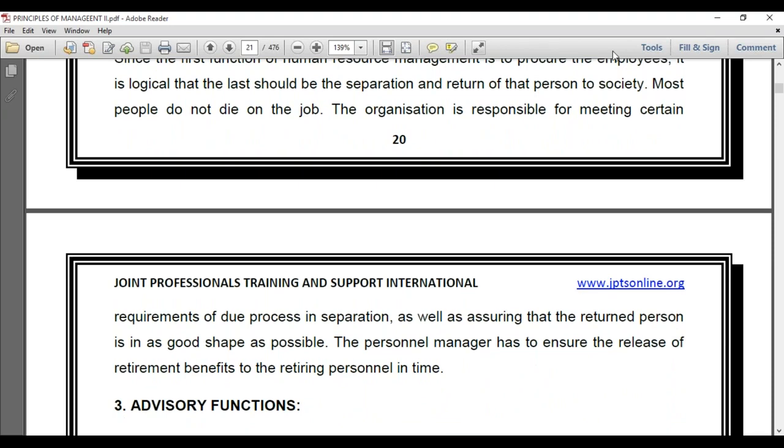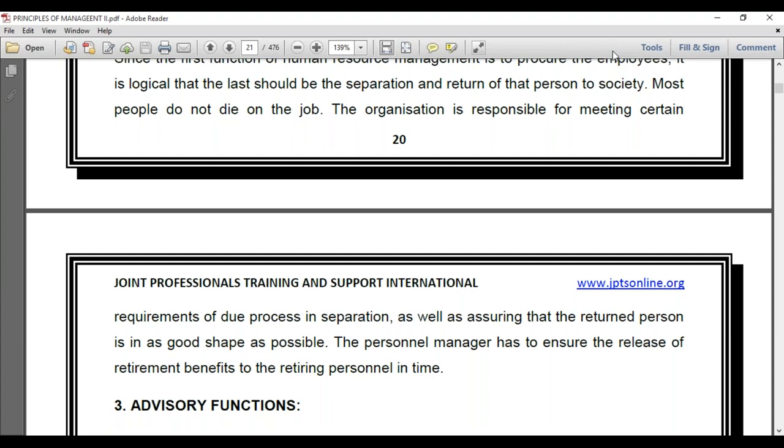In some organizations, management have discovered that immediately some of their personnel put in their 35 years in service and retire, some of them will die after 2 or 3 years. That is the major reason why pension fund administration was created, to make sure that these personnel are taken care of. Their retirement benefit is split into two.